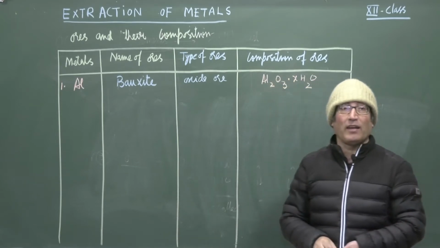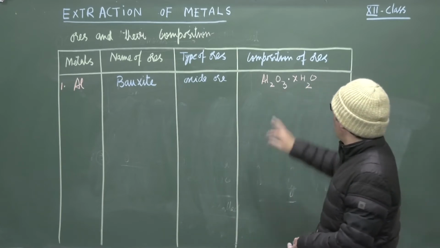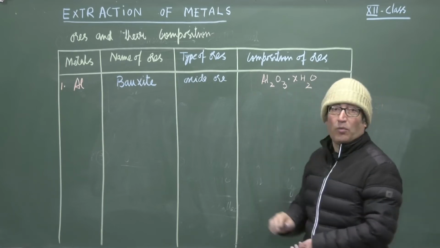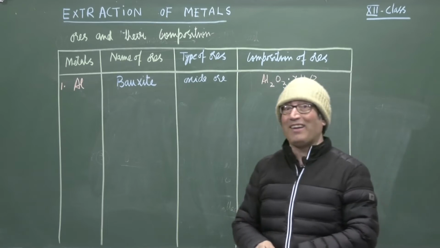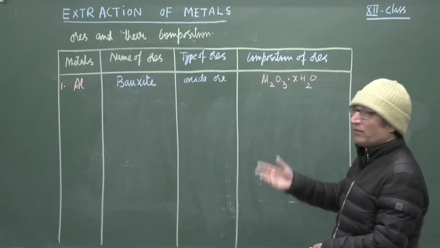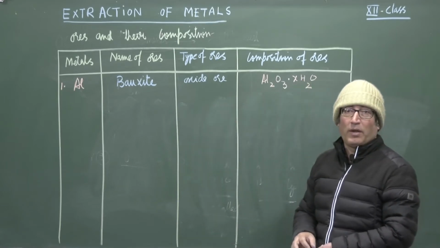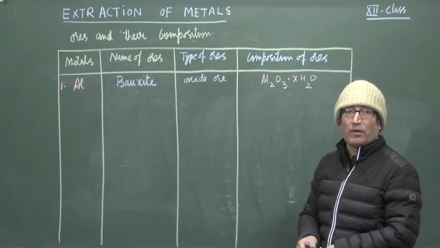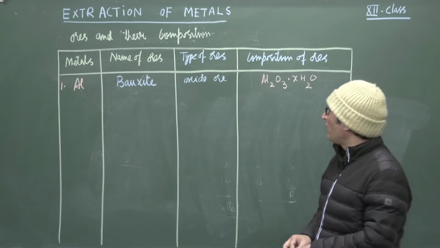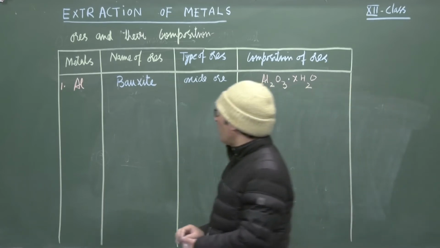So in fact, it's a hydrated oxide ore, because in the ore bauxite, along with the aluminium oxide, you have molecules of hydration. This ore is used for extracting aluminium by a process like the Serpex process, which you will learn later on.